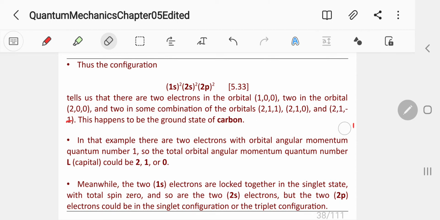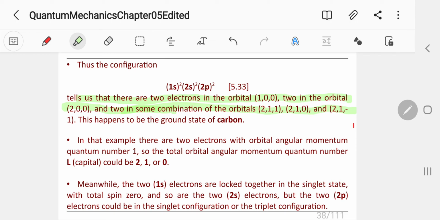So you have that state at p, that's just l equals 1, and then you have 3 more degenerate orbitals there. So there are 2 electrons in the orbital 1,0,0, 2 in the orbital 2,0,0, and some 2 in some combinations of orbitals 2,1,1, 2,1,0, and 2,1,-1.